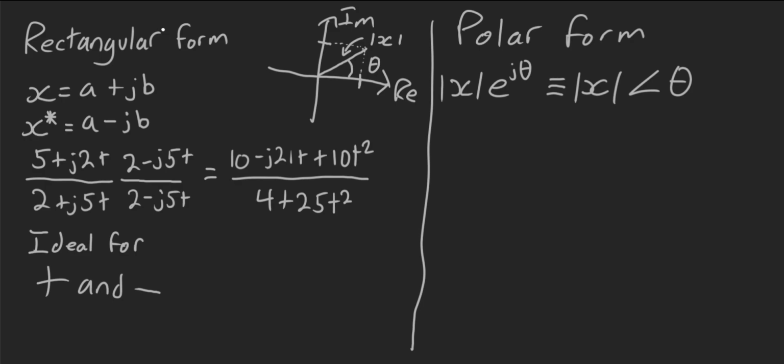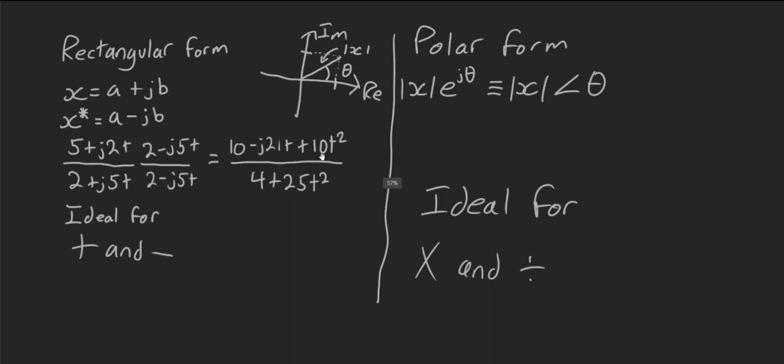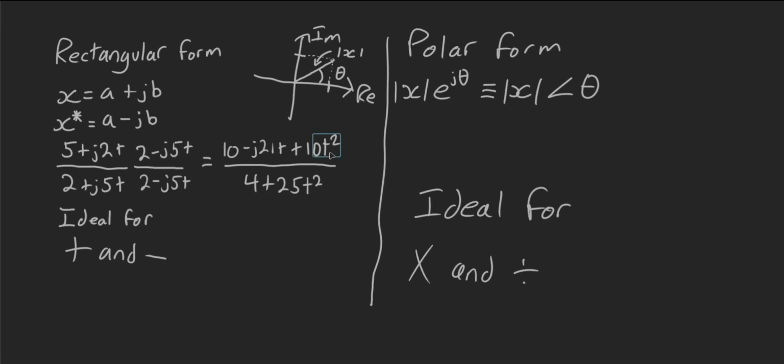So it can be said that polar form is ideal for multiplying and dividing. And you need to know how to convert between the two, so I'll show you now. To convert from rectangular to polar, let's use the left example, x equals a plus jb, rectangular.